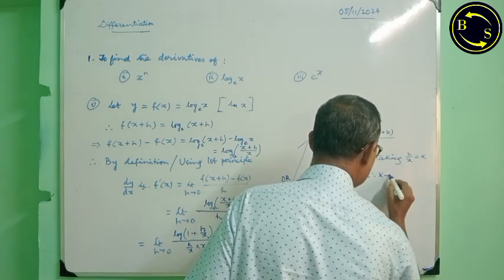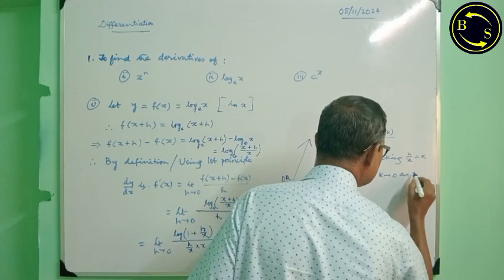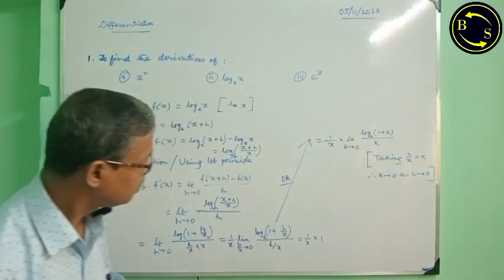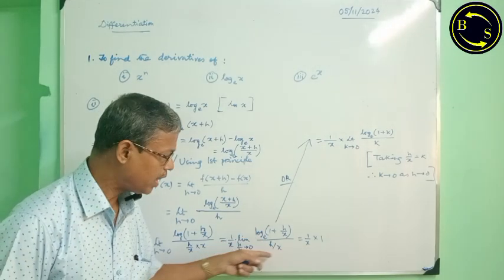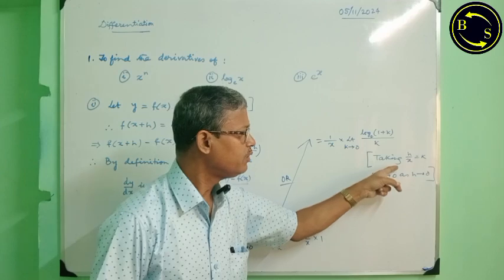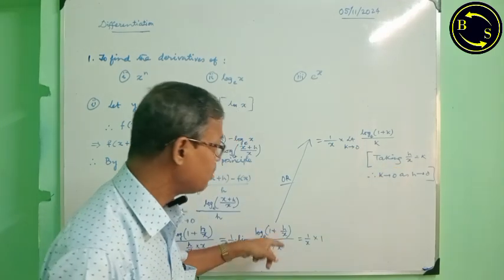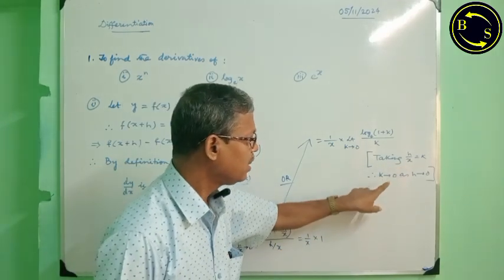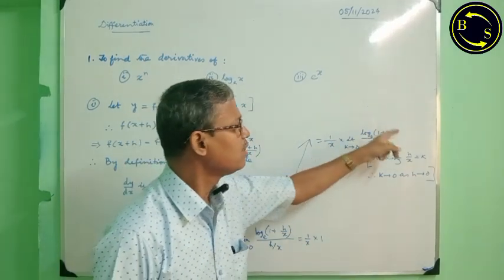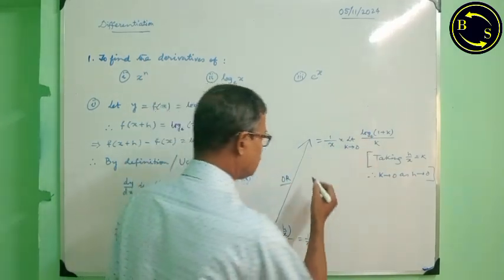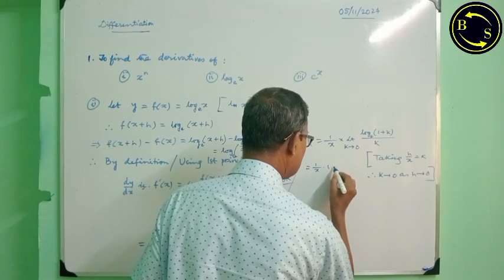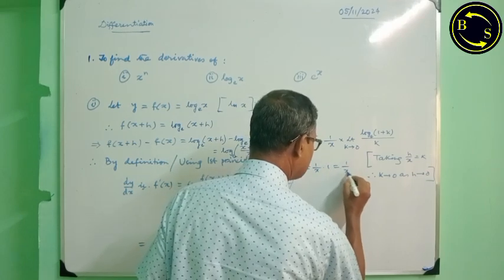Therefore, k tends to 0 as h tends to 0. We can use directly this one, or show the change in variable like this: h by x equal to k, then k tends to 0 as h tends to 0, we can write the standard limit. Therefore, it will be 1 by x into 1, that is equal to 1 by x.